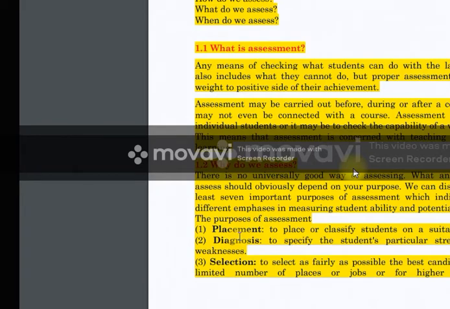Yes. Is there any other purpose for doing the assessment? Maybe sometimes to evaluate the progress of a student. Evaluate the progress of students. Yes. Any other purpose for doing assessment?